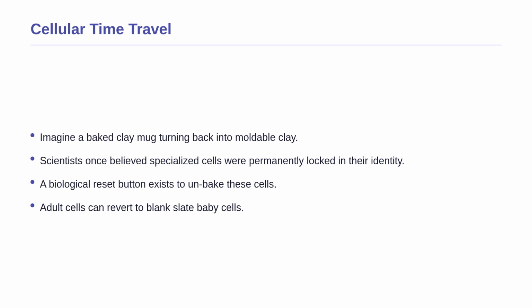However, what if you had a magical reset button that could unbake the clay, turning it back into a soft, moldable lump that could become absolutely anything? In biology, this magical reset button actually exists, allowing us to take adult, fully formed cells and turn them back into blank slate baby cells.